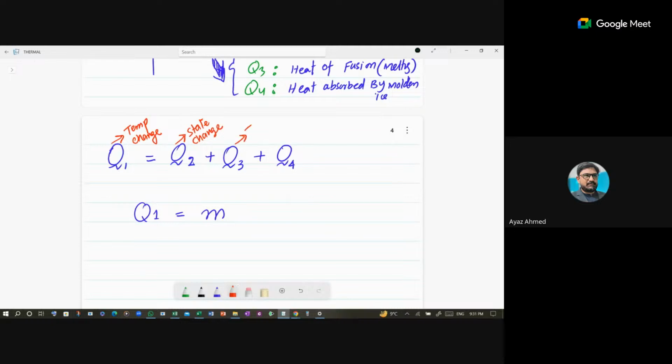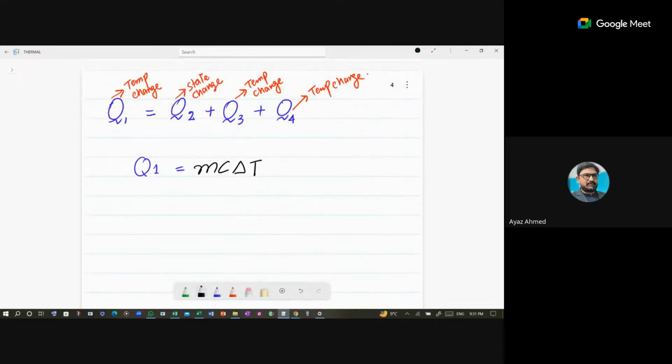Q3 is responsible for temperature change and Q4 is responsible for temperature change. Hassan, heat responsible for temperature change is calculated by mc delta T. Do you know this? That heat which is used to change temperature is basically calculated by mc delta T. The heat which is required to change state is calculated by mLf or mLv and so on.